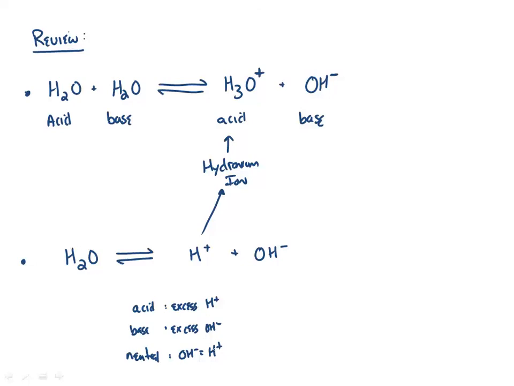Now, this only occurs to a very small extent, meaning this is 1 times 10 to the minus 7 molar, and this is about 1 times 10 to the minus 7 molar. When's the last time we had molarities that small and we did anything in class? Every bottle that you've seen, what's the lowest molarity you've probably seen in class?